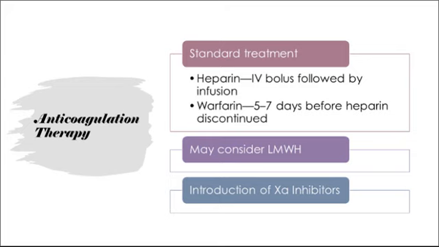I put in here introduction of XA inhibitors. Your text didn't really talk about them. In the last several years, more anticoagulation therapies have become available. XA inhibitors, which we've spoken of in previous lectures, are being introduced more and more, and they are now actually being used for the initial treatment for pulmonary embolus.